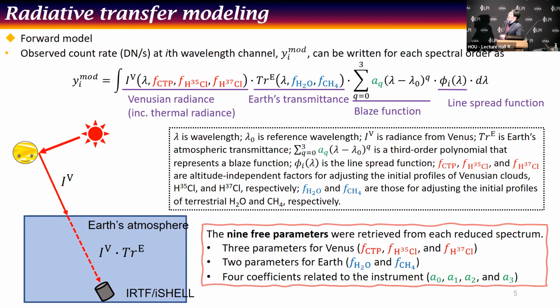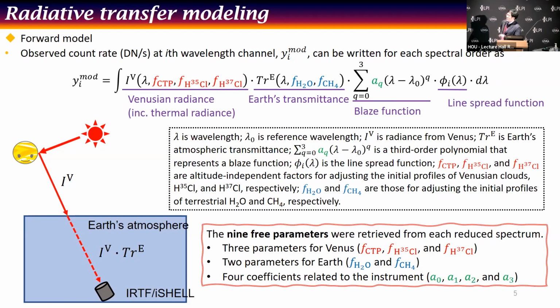Solar and thermal radiance absorbed and scattered by the Venusian atmosphere is attenuated by the Earth's atmosphere and finally detected by the instrument. The observed count rate at each wavelength channel can be written by these equations. In our model, we fix the vertical profiles of temperature, gases, and clouds because vertical information cannot be retrieved from this kind of observation.